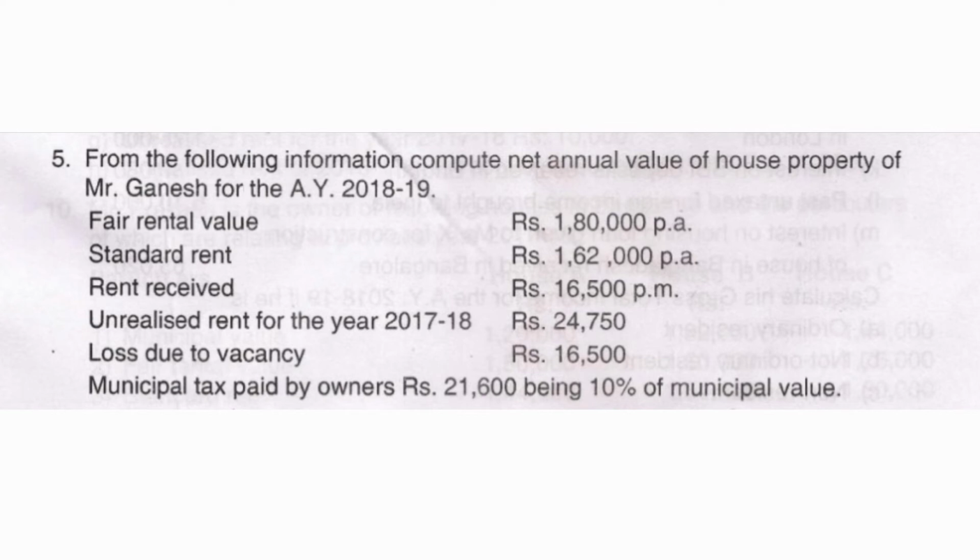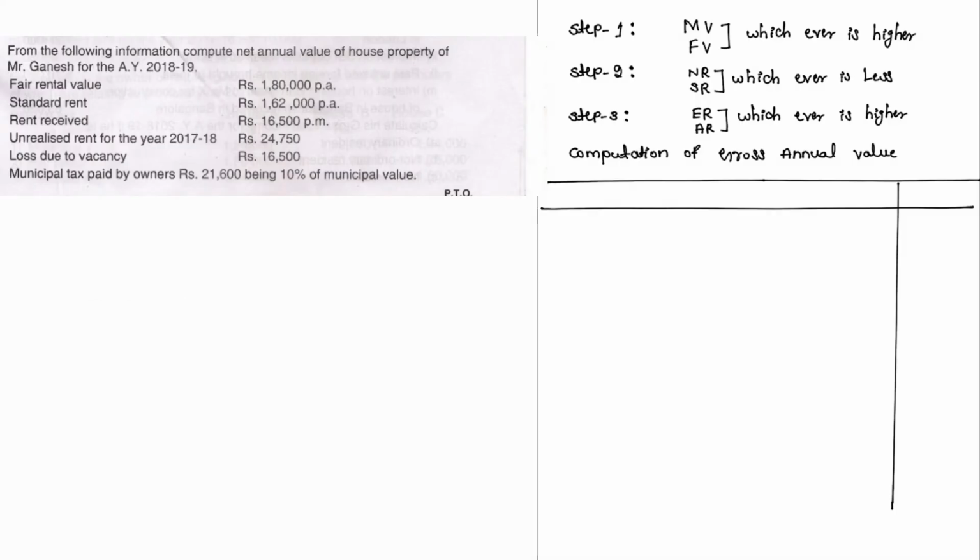For 10%, 21,600 means for 100% how much we have to identify. To identify net annual value, first we have to identify gross annual value. So computation of gross annual value.